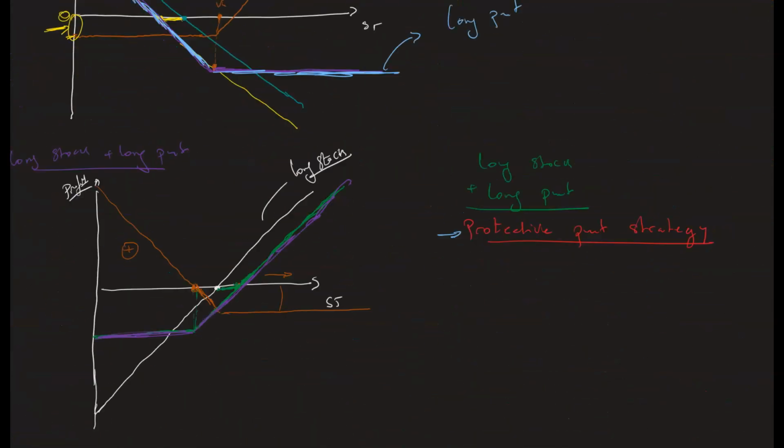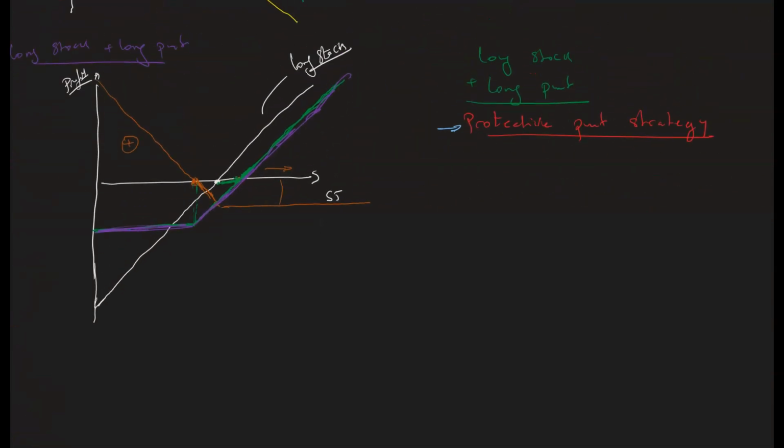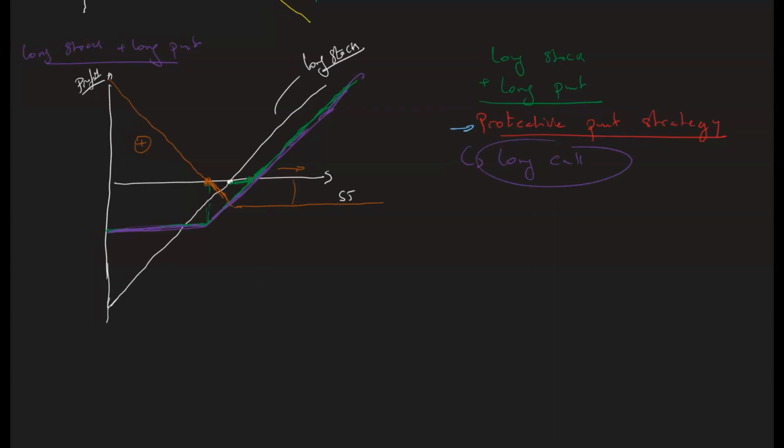And so if we go back all the way, our protective put is essentially a long call strategy. The idea here overall, what we're learning here, is that you can reconstruct any one of the option-only strategies by creating a combination of option and stock strategy.